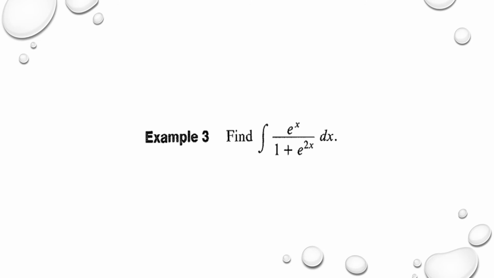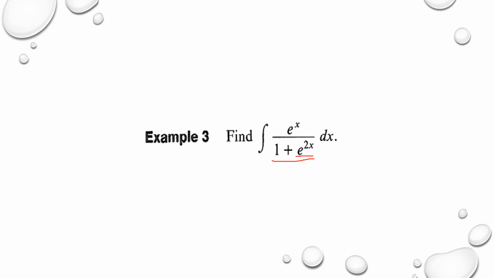Let's see another example. The important thing is to select the u. Can we select the denominator as u? Or we have to select this part as u. We have to select the variable u whose derivative is hidden here in this problem.